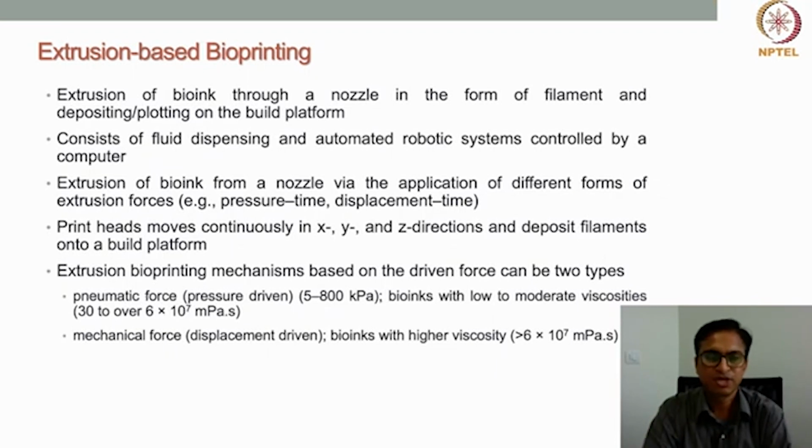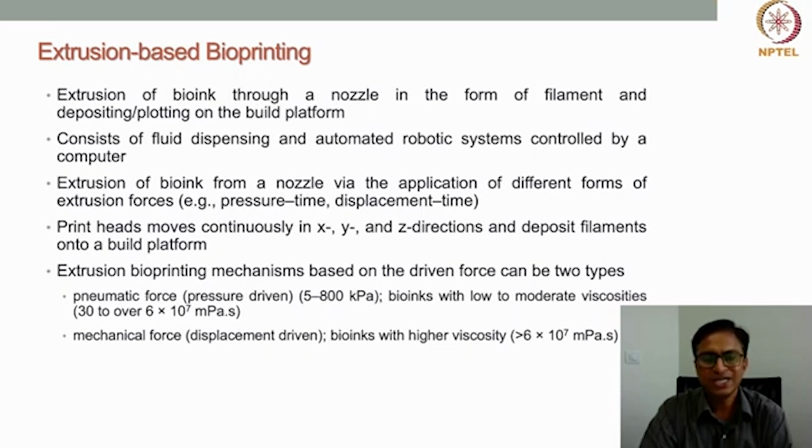That is extrusion based bioprinting. Now the pressure applied on the syringe for extrusion based bioprinting can be of different types. Either it can be pressure-time, that is the pressure can be changed with time, or it can be displacement-time extrusion forces.